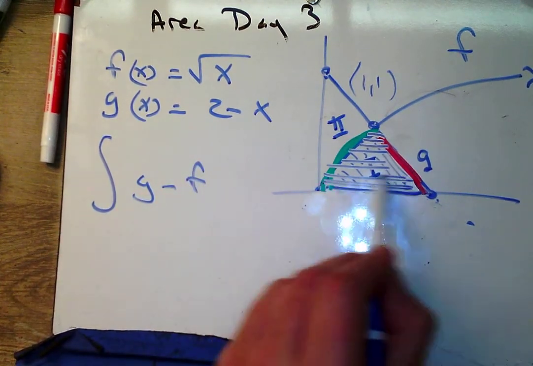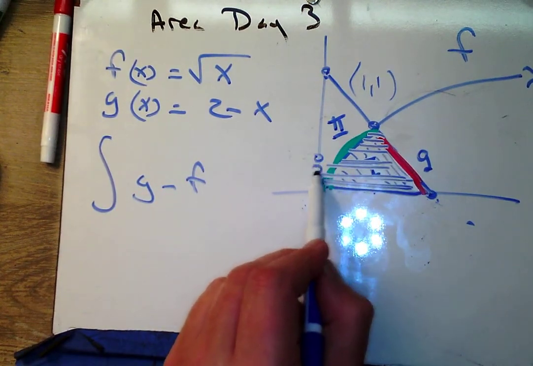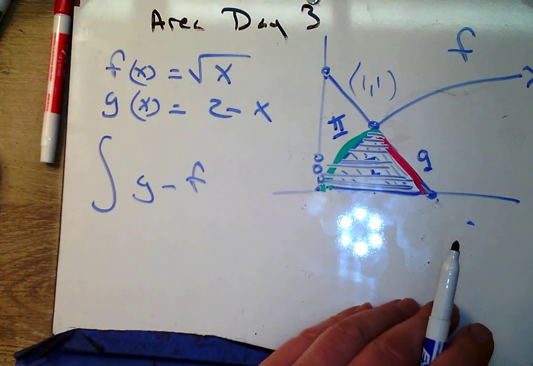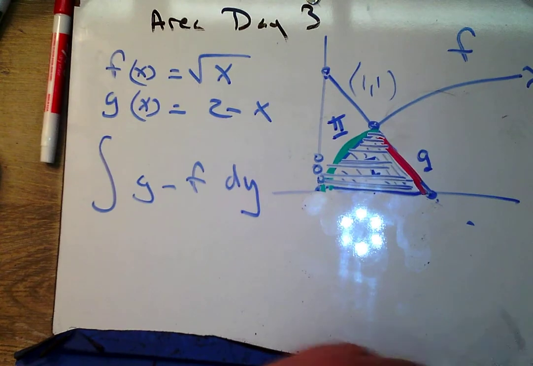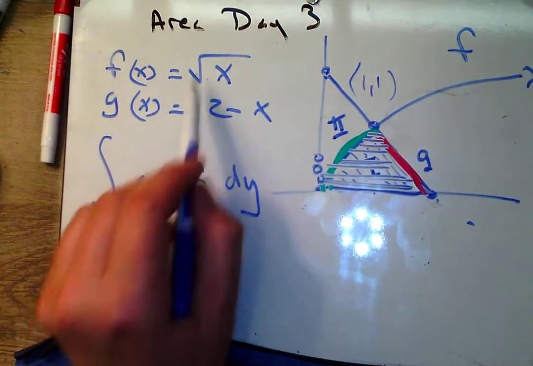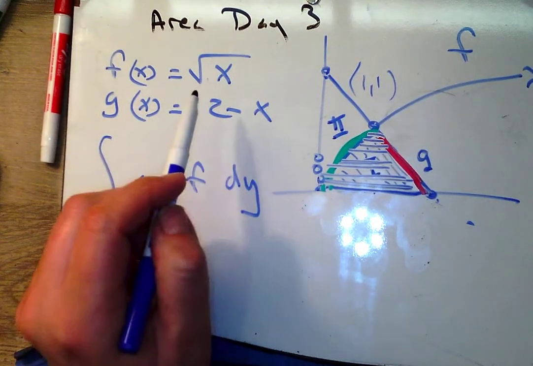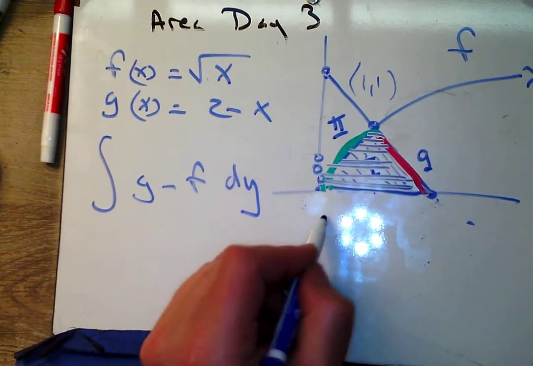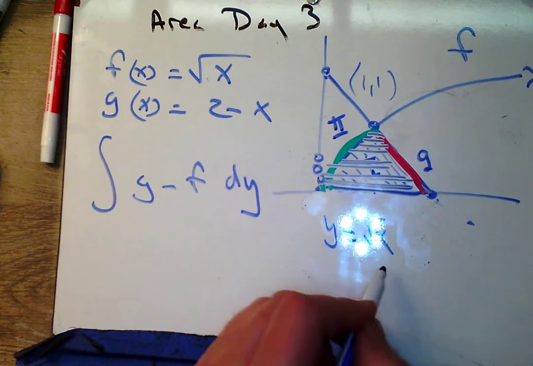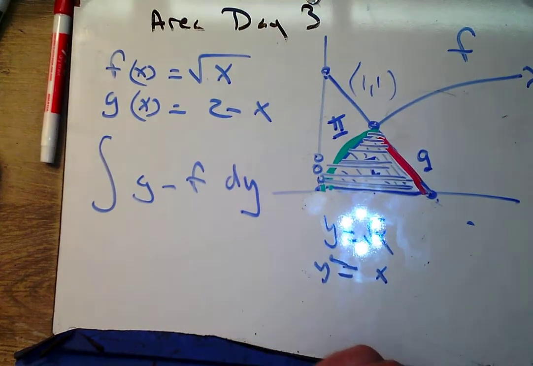But look at these slices. These slices are things measured on the y-axis. So this needs to be a dy. So I don't want to have these things as y as a function of x. I need x as a function of y. So y equals square root of x, so x equals y squared.